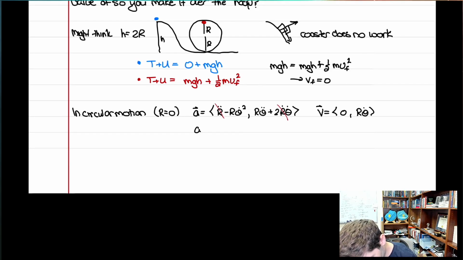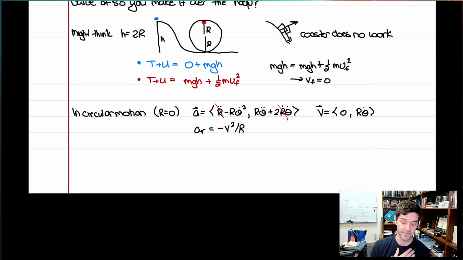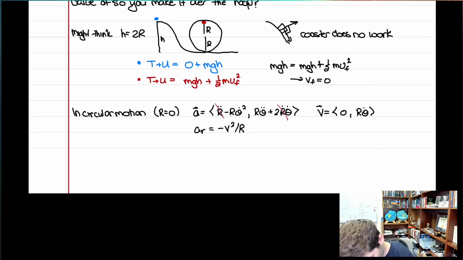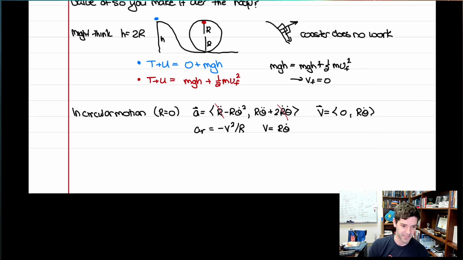So then we know the acceleration, at least in the r direction, had better be equal to negative v squared over r, where v in this case is just r theta dot, the magnitude of the velocity vector.